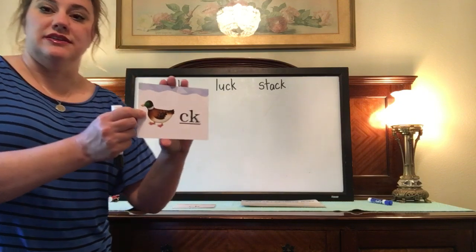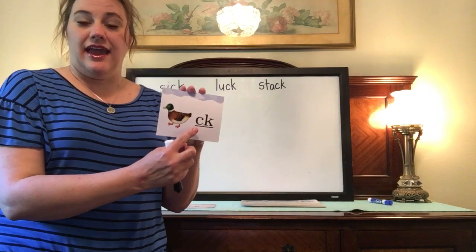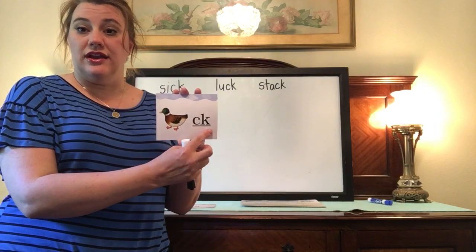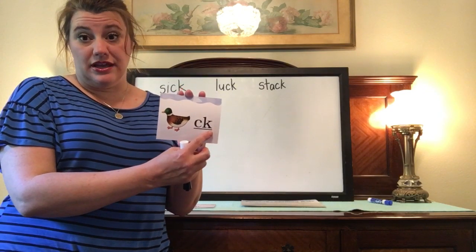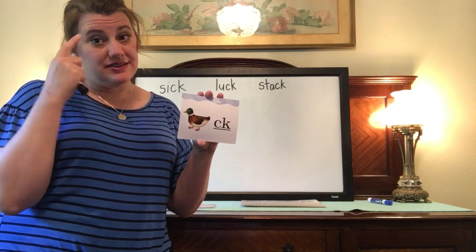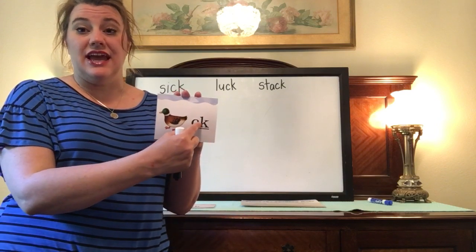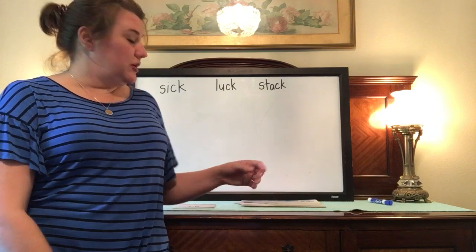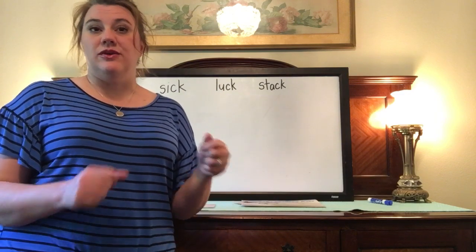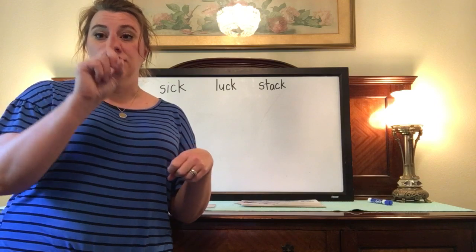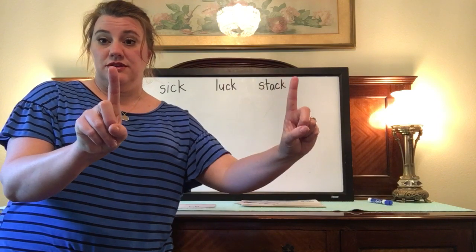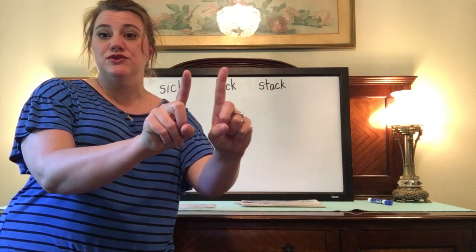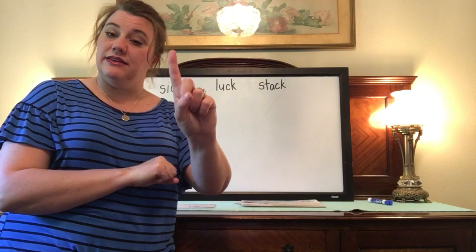And if you notice on this card, the CK is underlined. It's underlined to tell us that the C and K together make the k sound. So it's one of those things that we've learned about before where it's two sounds that come together so smoothly that they sound like one sound.